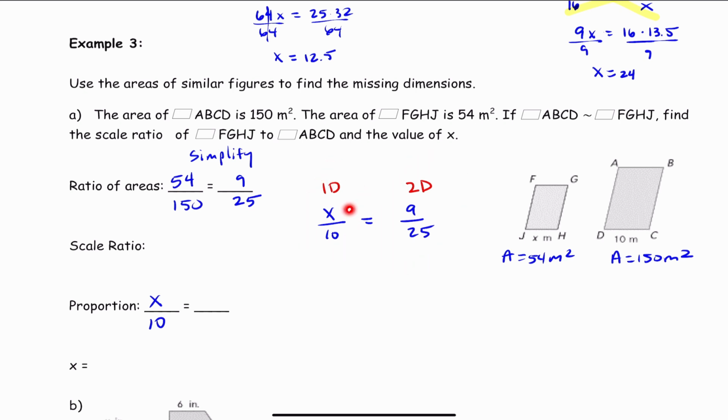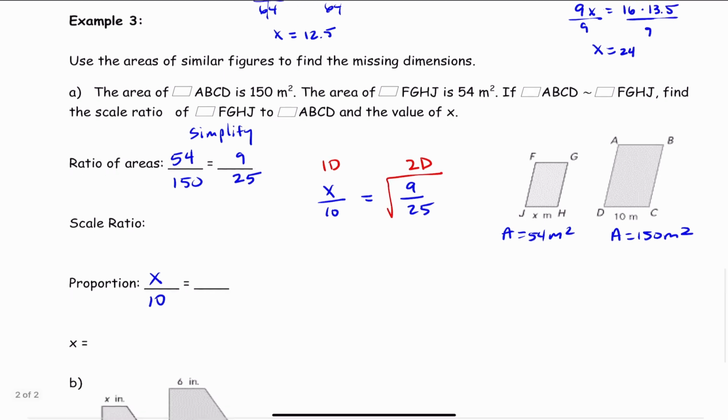It's one-dimensional. But this two-dimensional is in the way. So what am I supposed to do? Well, this time, because I'm looking for a one-dimensional object, and I have these two numbers, which are two-dimensional, I've got to take the square root. I'm going backwards this time. So take the square root.